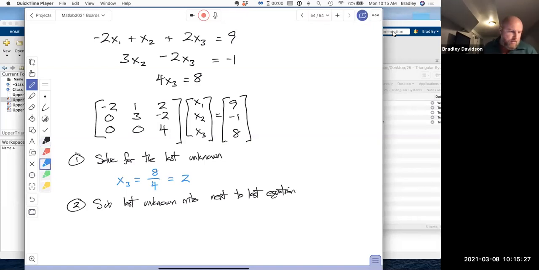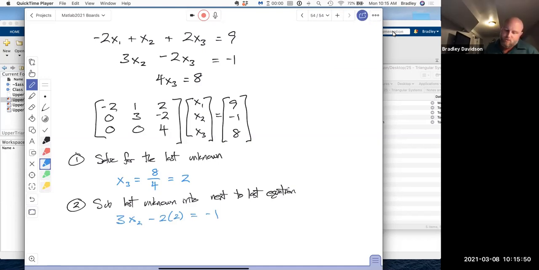So what this looks like is we have 3x2 minus 2 times x3, which is 2, and this is equal to negative 1.